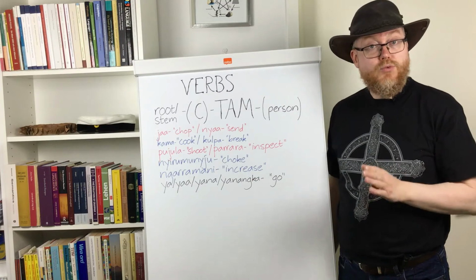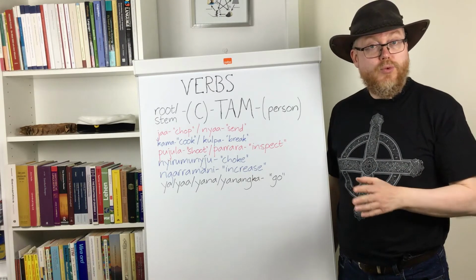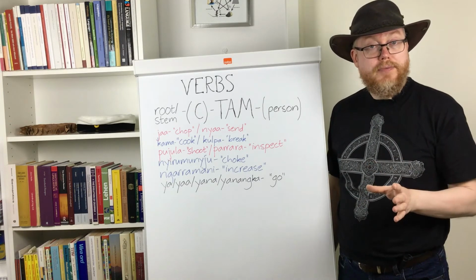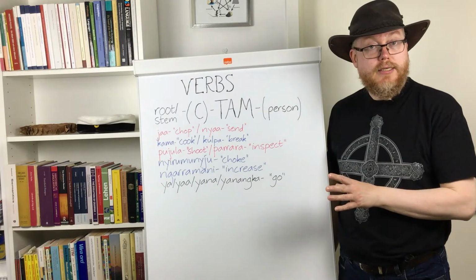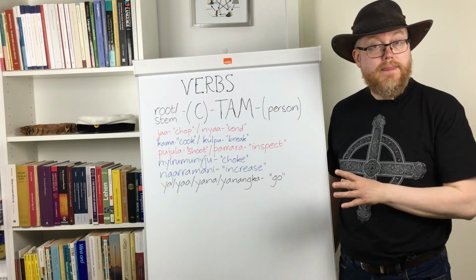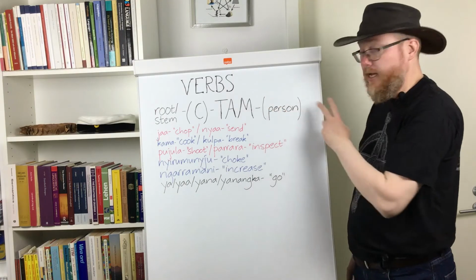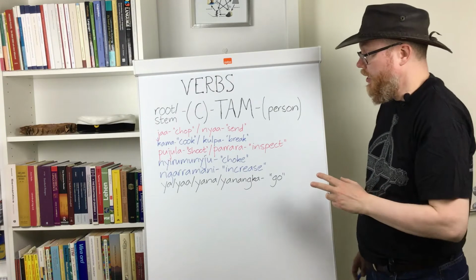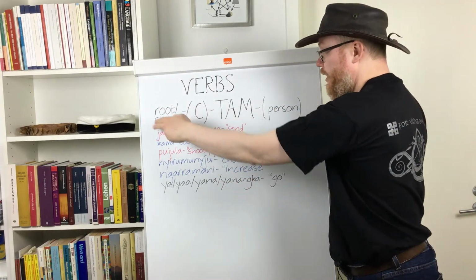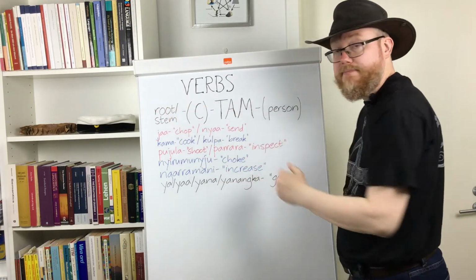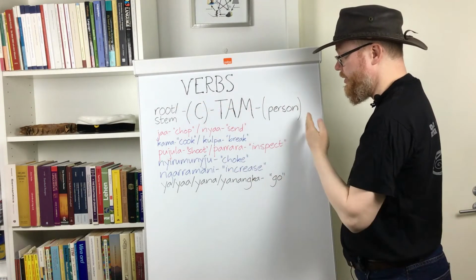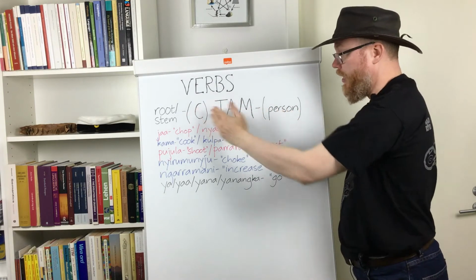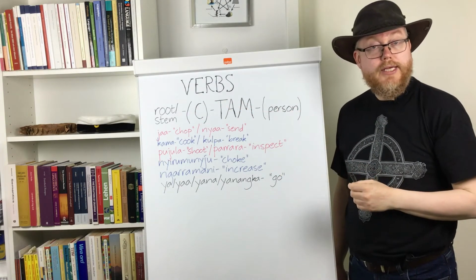And there is at least one Pama-Nyungan language in which person markers are placed on the word that immediately precedes the verb. So this gets fairly complicated. And in general, Pama-Nyungan languages are similar here and different from each other here. Here we find a lot of variation.